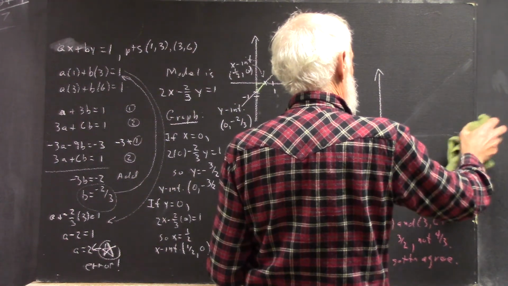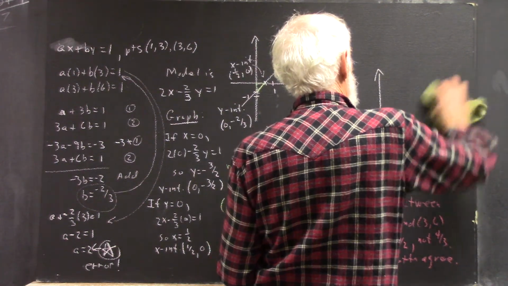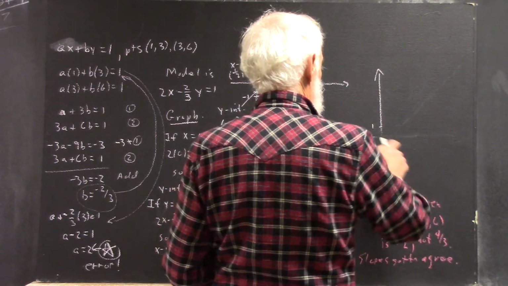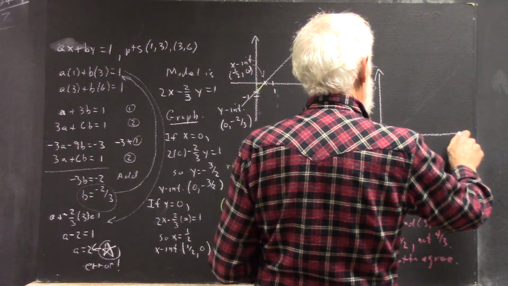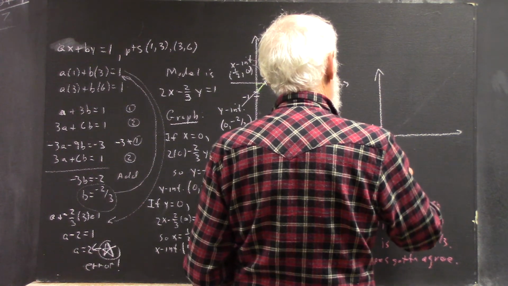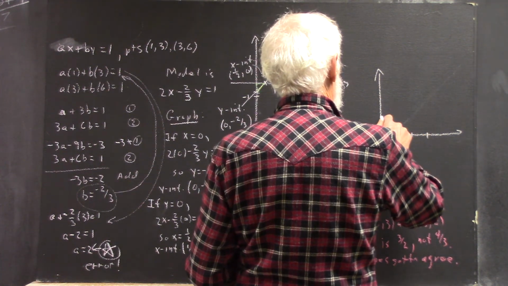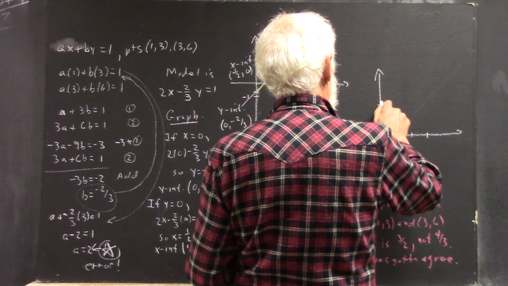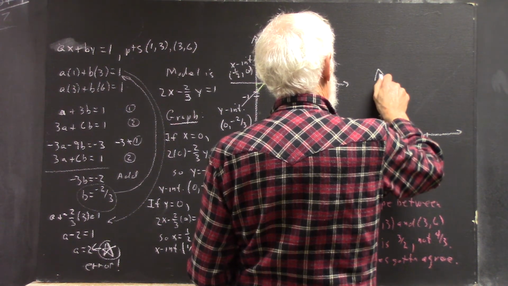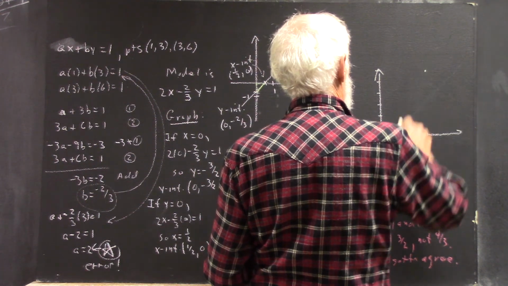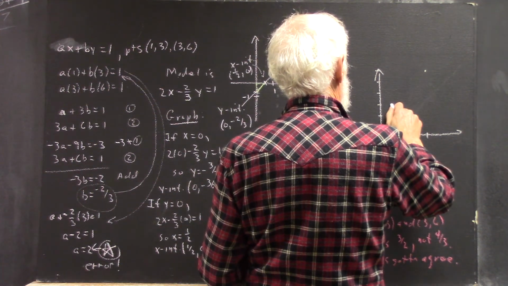So, get rid of this stuff. And estimate where this should be. Here's 1, 2, 3. Here's 1, 2, 3, 4, 5, say 6. So (3, 6) is about here. (1, 3) is about here.